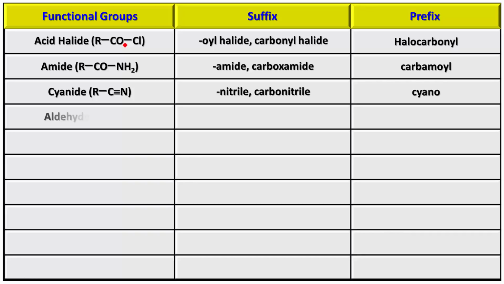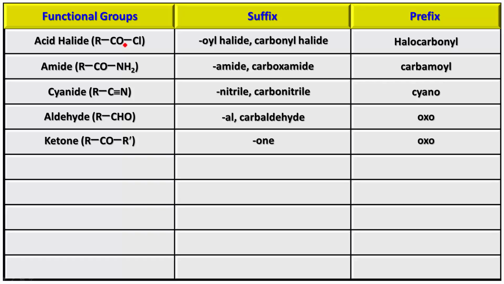The next is aldehyde. We know it used to end in -al or carbaldehyde depending upon acyclic or cyclic, and as a prefix, oxo. Ketone. We know it used to end in -one, no matter whether it is ring or acyclic, and again the prefix is oxo. The next is alcohol. It ends in -ol, always, and the prefix is hydroxy.